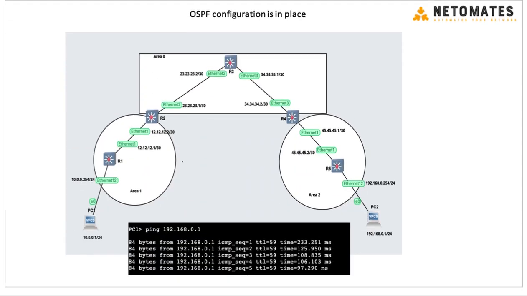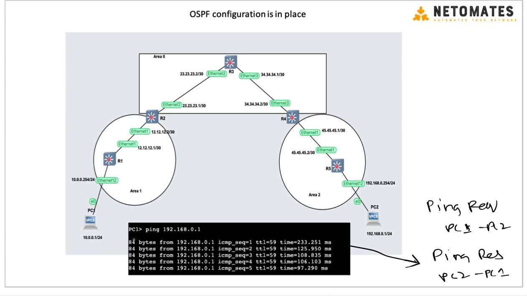So once we have the OSPF configuration in place, as discussed in the previous slide, if you try to do a ping test, it will work. So when you do the ping test from PC1 to PC2, two things will happen, right? Two packets. One is the ping request going from PC1 to PC2, and another one is the ping response from PC2 to PC1 for a single successful ping.